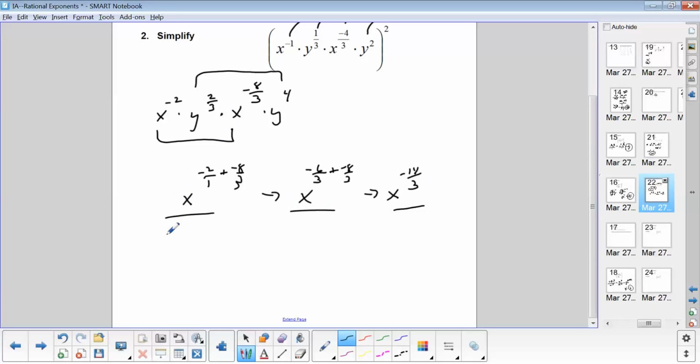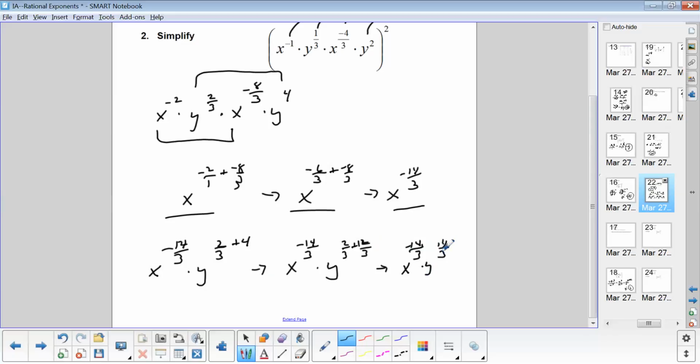Now what about y? Well, I've got x to the -14/3, and y is going to be 2/3 plus 4. So I got x to the -14/3 times y to the 2/3 plus 12/3, since 12/3 is the same as 4, which gives y to the 14/3.